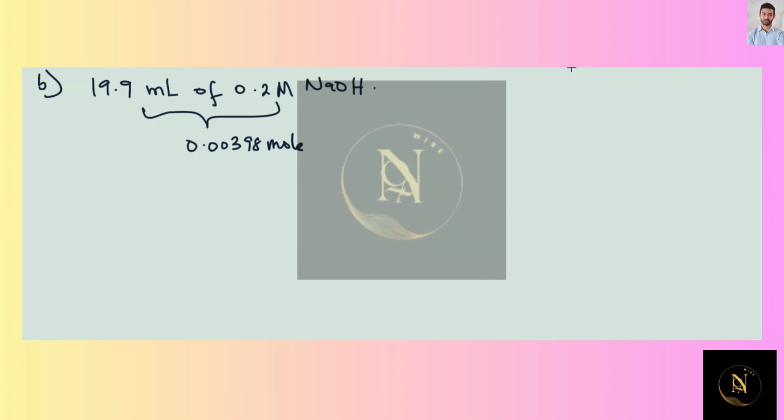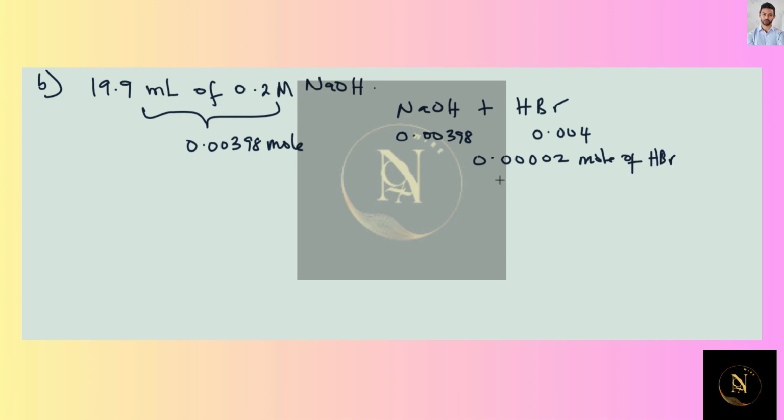Okay, so I'm just going to write it again. NaOH plus HBr. We have 0.004 and here we have 0.00398. So what will be left after this reaction will be 0.00002 mole of HBr. So we divide that by the total volume, which is 19.9 plus 20 divided by 1000, all in liters.